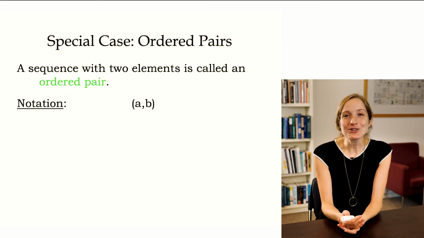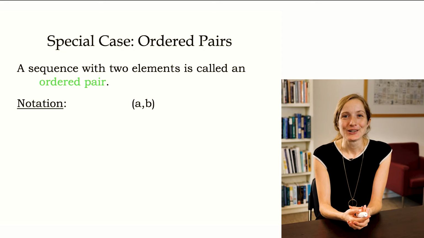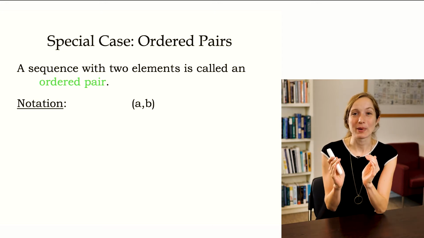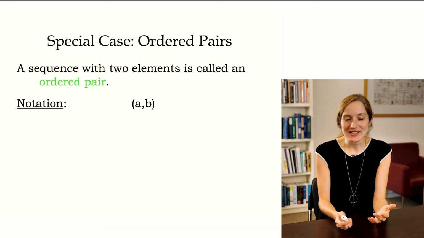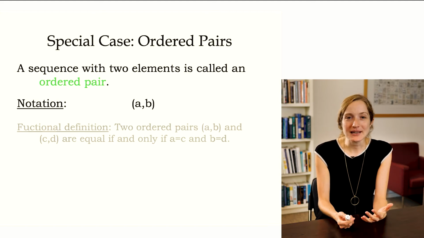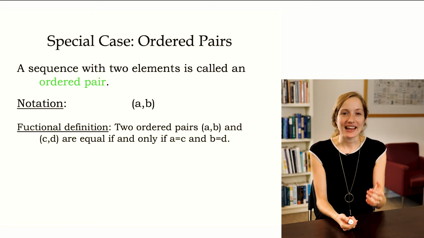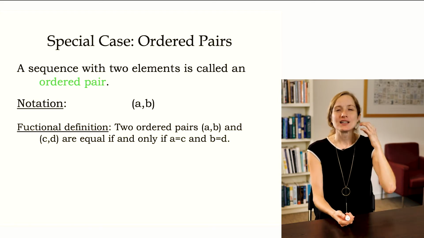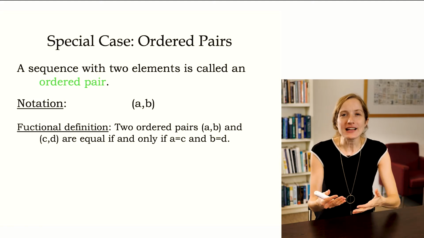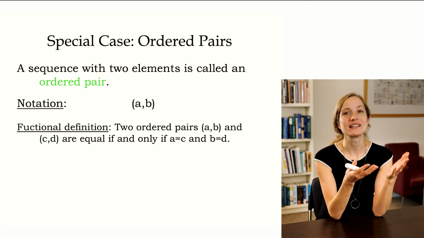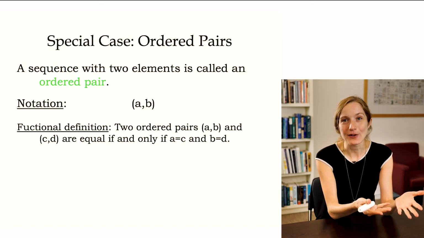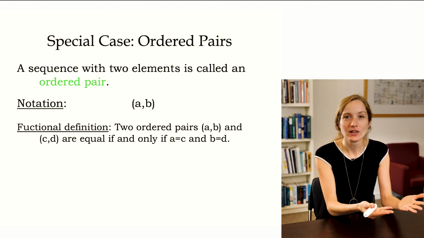Okay, a special case that you've probably seen all over the place is short sequences of pairs, ordered pairs. Notationally this will be something like A, comma B in parentheses. And when we define these new objects, I defined to you before how sets are defined and when two sets are equal.